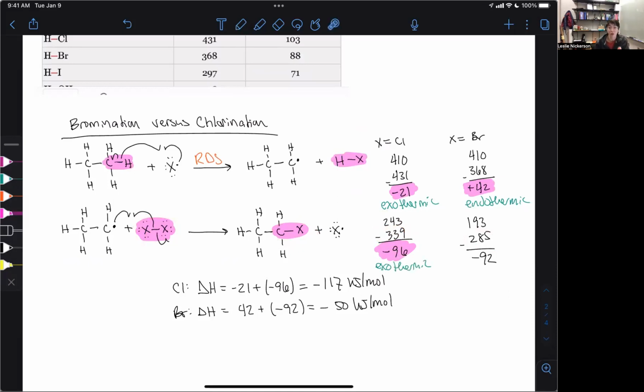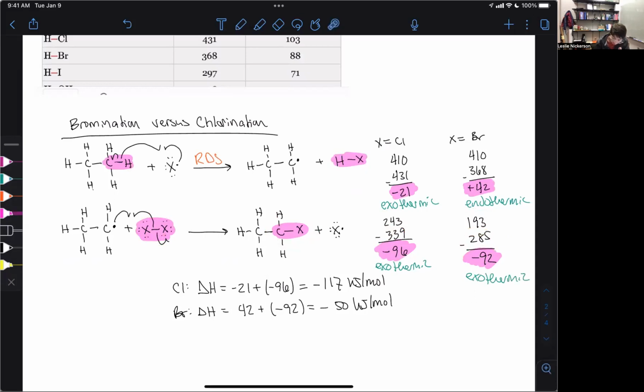If I compare that to the bromine version, splitting Br-Br has a bond dissociation energy of 193, and then that CBr bond has a bond dissociation energy of 285. So when I look here, I'm still having an exothermic step in my second step of my bromination.